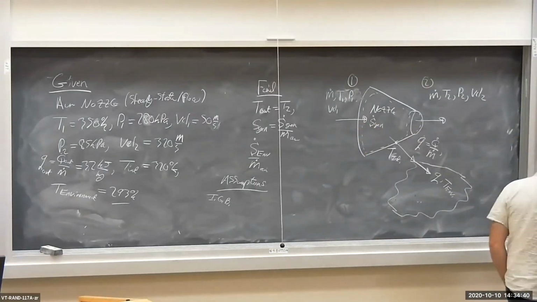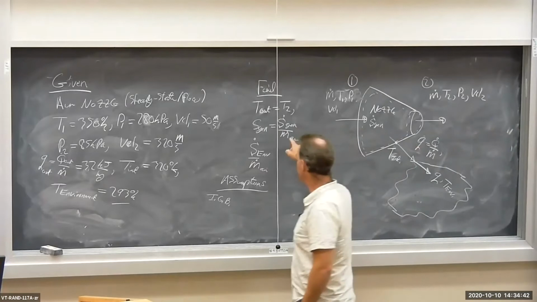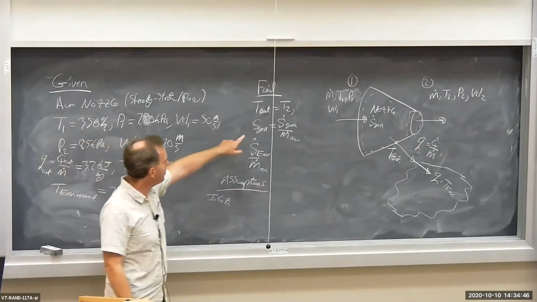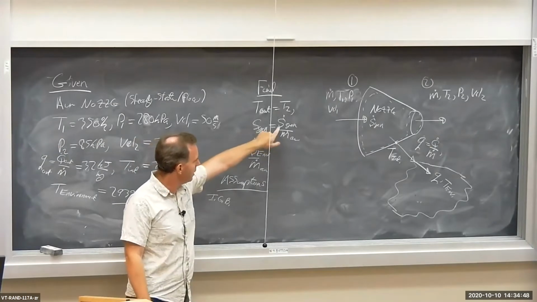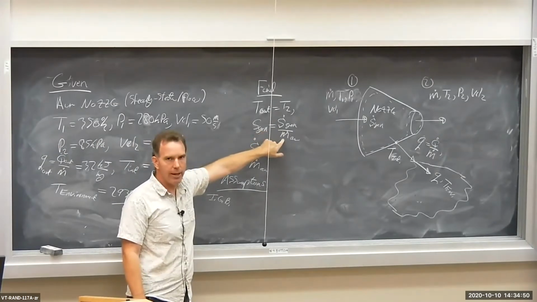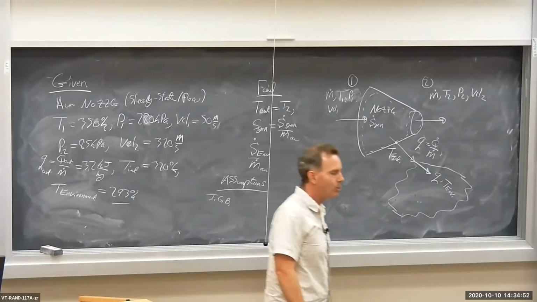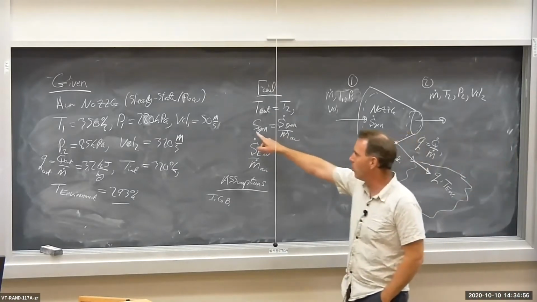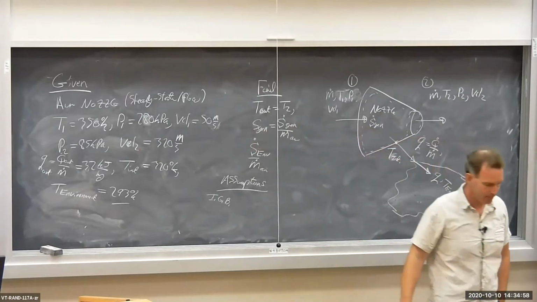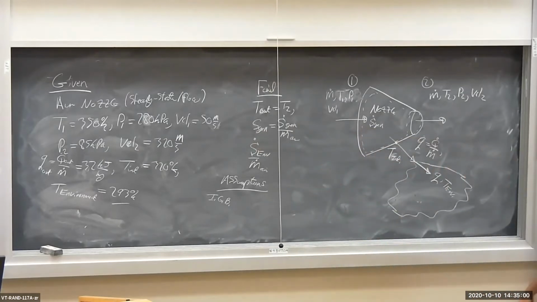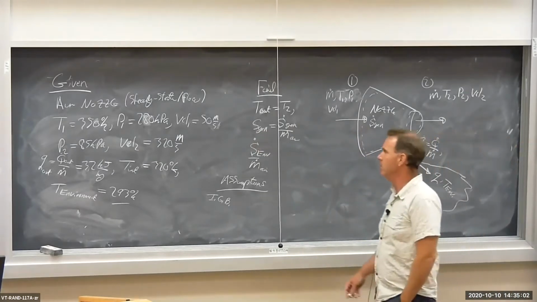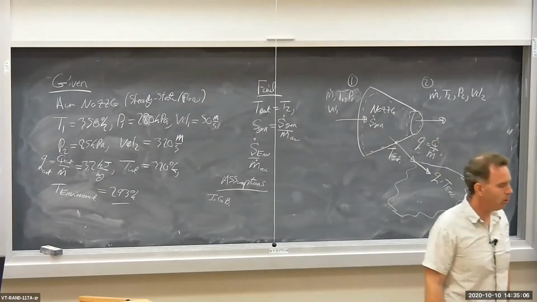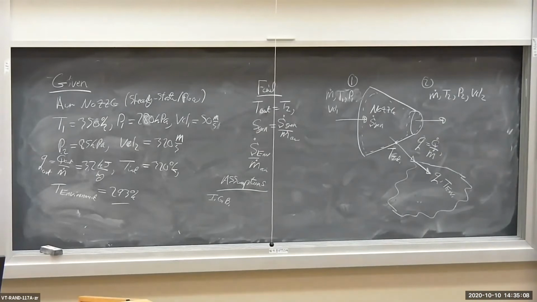I want to find the rate of entropy generated per unit mass flow, lowercase s gen. This S dot gen over m dot air will have units of entropy per unit mass. That's why this is a lowercase s, no dot.